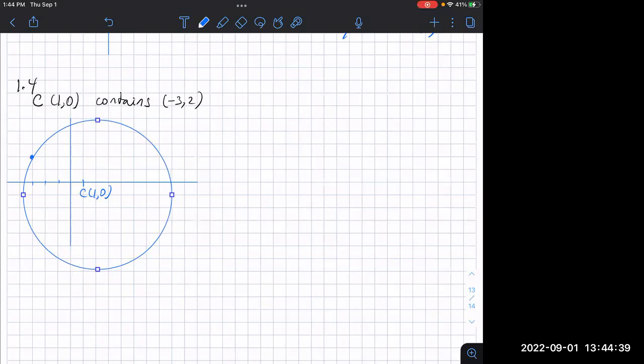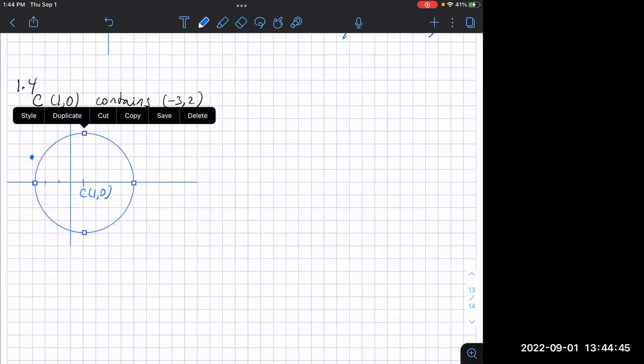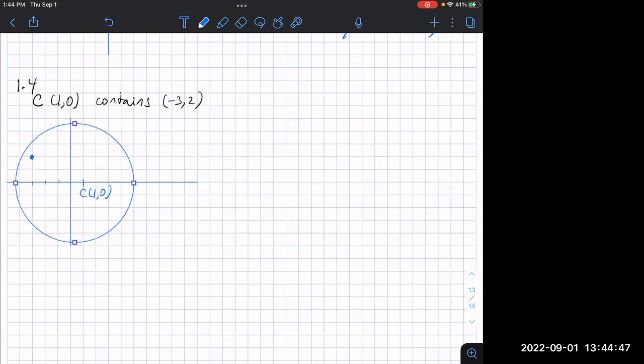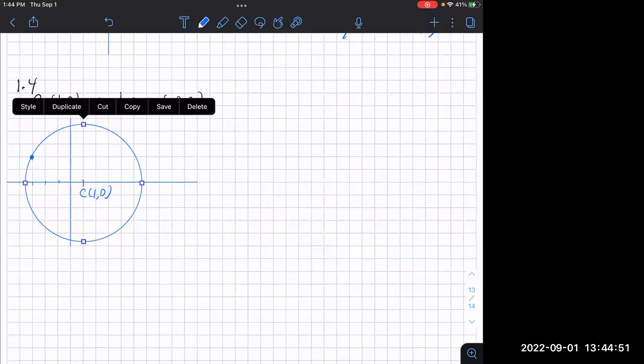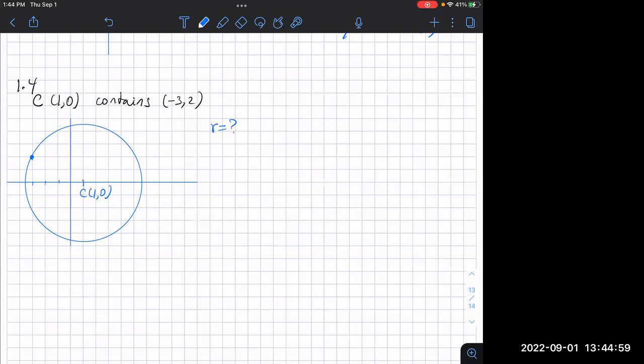And then we can find the equation, right? The standard form. So basically you have the center, you have to find the radius. That's the only thing you need, and then you can plug it into the standard form. What is the radius?